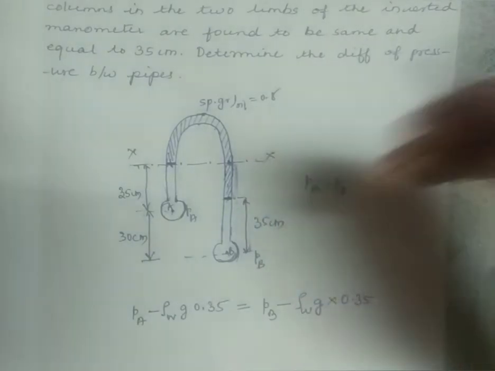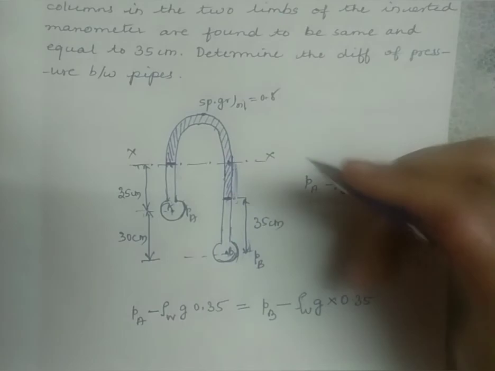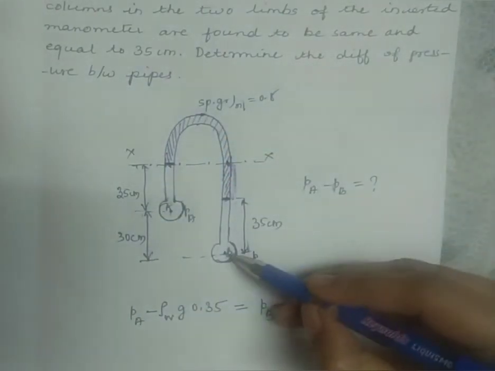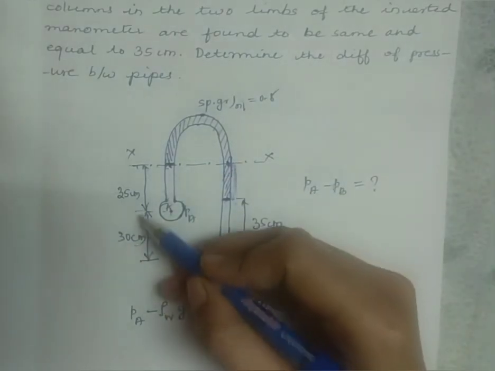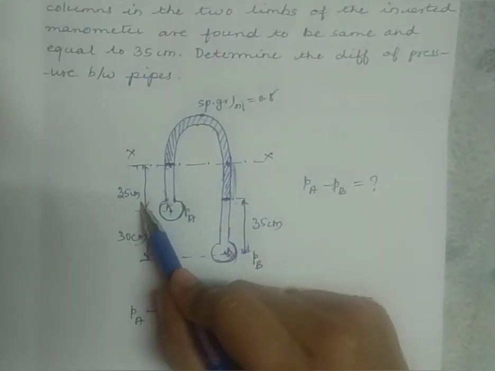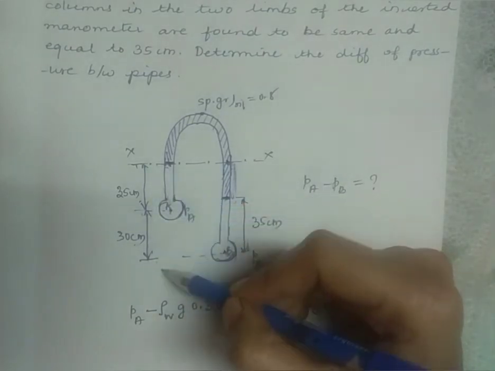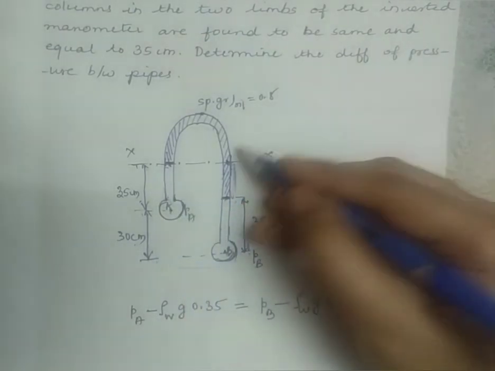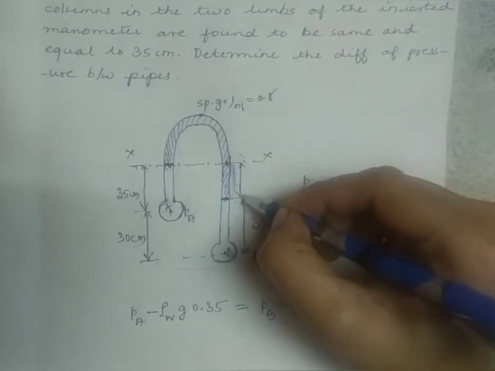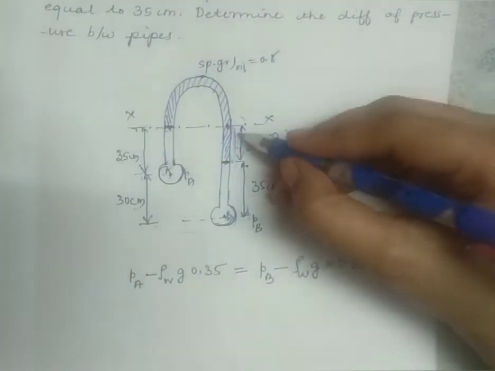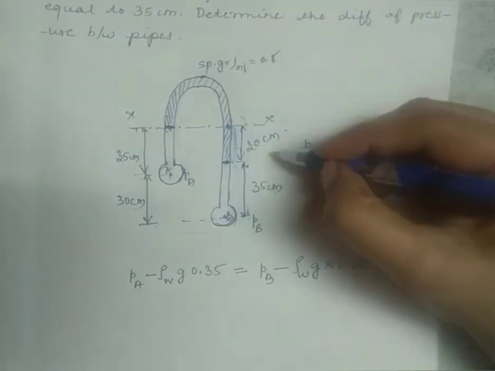What is the height over here? You can see the total height from here to here is 30 plus 35, that is 65 centimeters. Total 65 centimeters minus 35 gives 30 centimeters, so the height of the oil column is 30 centimeters.